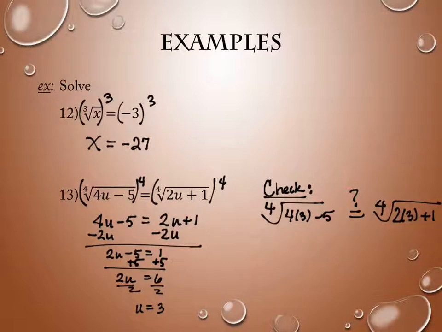So 4 times 3 would be, y'all know, 12, thank you. 12 minus 5 is 7, so I have the 4th root of 7 on the left. On the right-hand side, I have 2 times 3, 6 plus 1 is 7, so I have the 4th root of 7 on the right, and those are in fact equal, so we got the right solution.